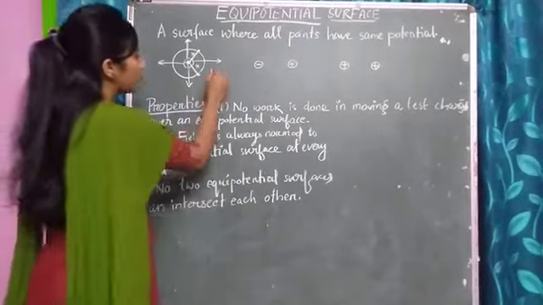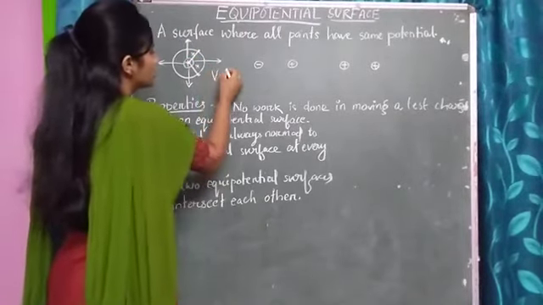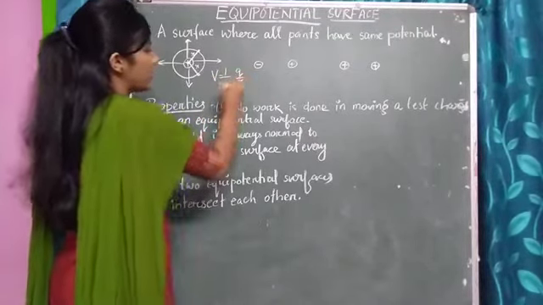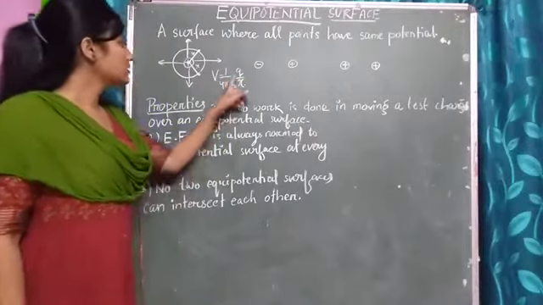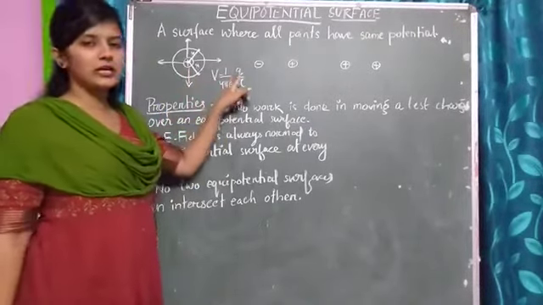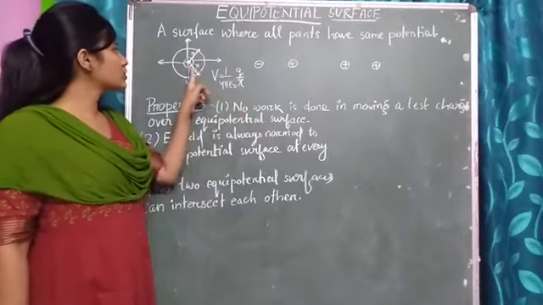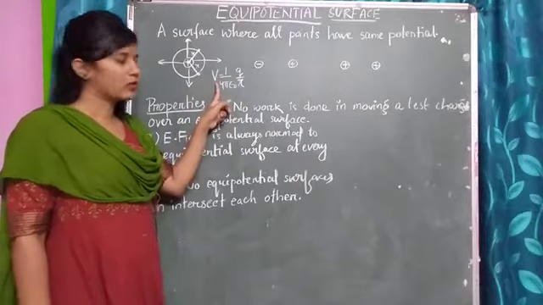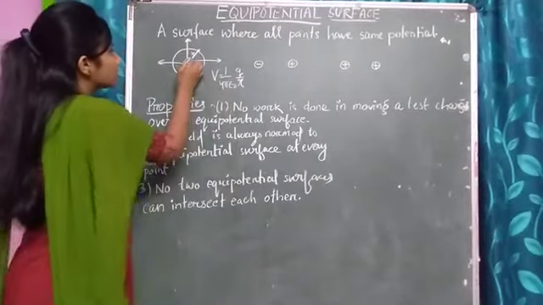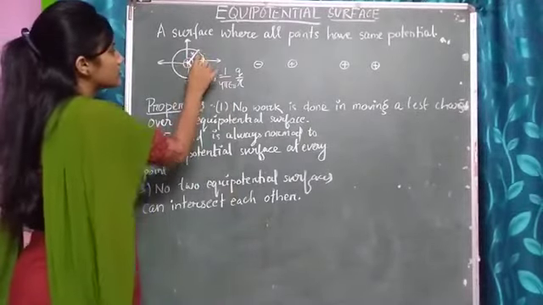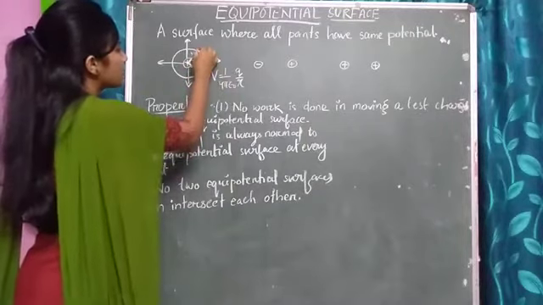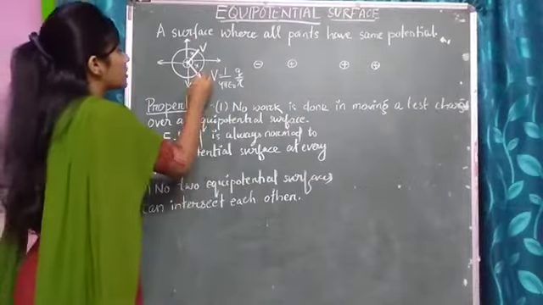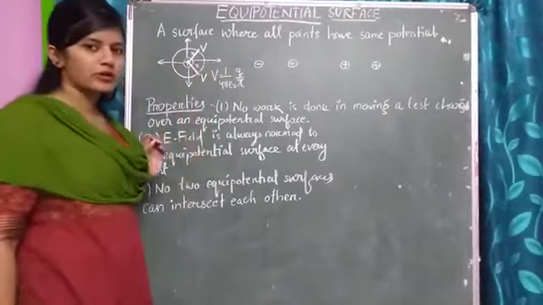As we know, our potential formula is 1 by 4 pi epsilon naught, q by r. Here q remains constant, and if r is constant, then the potential value will also be equal. As the distance r does not vary, the potential at this point will be equal to the potential at this point.